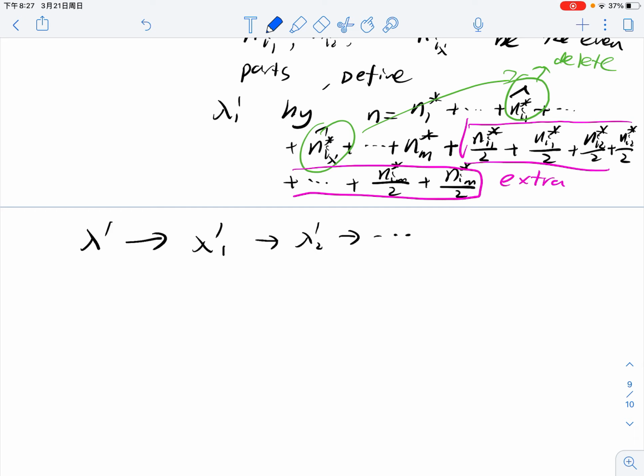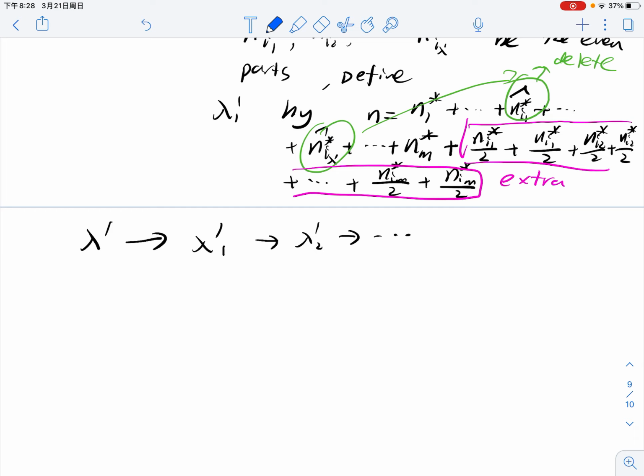You do have some procedure, but you also want it to terminate at some step. But it will not terminate just for free. You need to have some elegant invariance to control it.